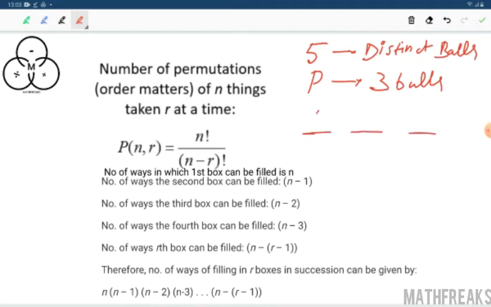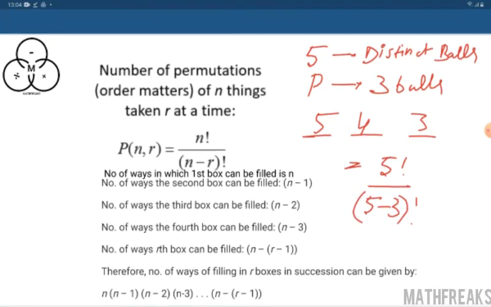For the first case 5 balls, second case 4, third case 3. This, if we just see, equals 5 factorial over 5 minus 3 factorial. Now what is factorial?